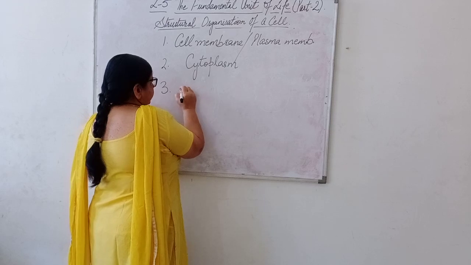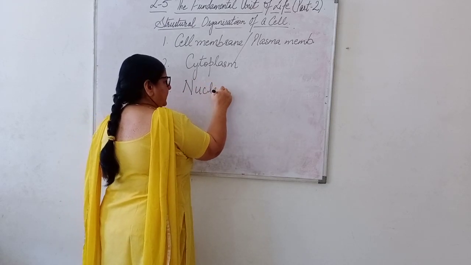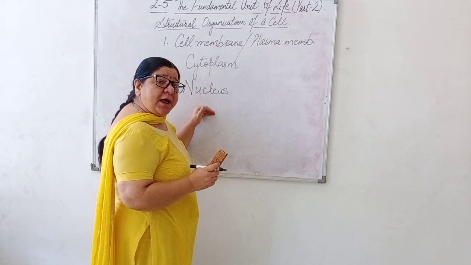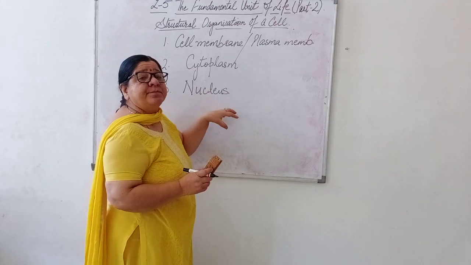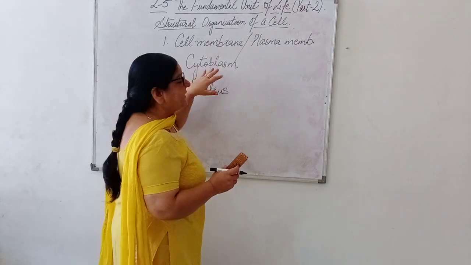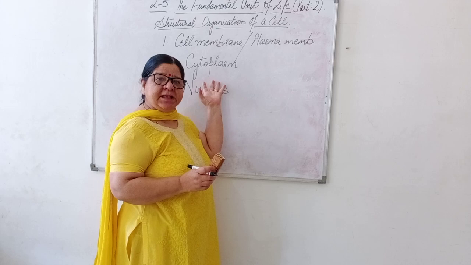And third is the nucleus. Right? I told you that a nucleoplasm is present inside the nucleus. Nucleoplasm means the plasm or the fluid which is present inside the nucleus. Cytoplasm is the fluid which is present inside the cell.